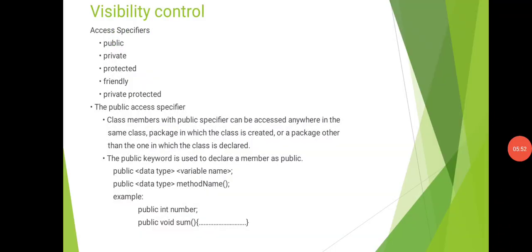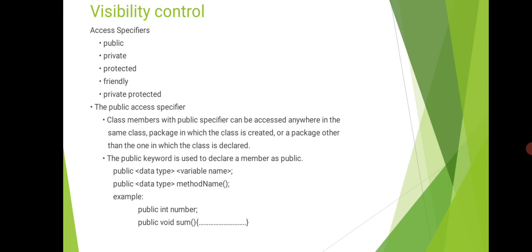So visibility control, or access specifiers. We have five access specifiers: public, private, protected, friendly and private protected. This private protected does not work in some versions, so mainly we concentrate on public, private, protected and friendly.